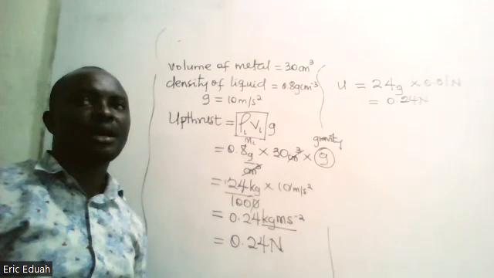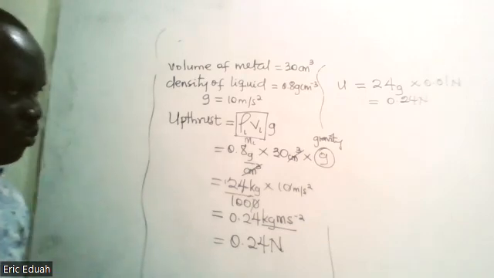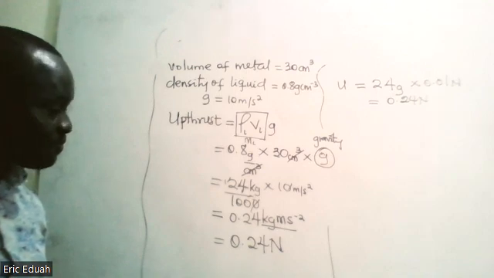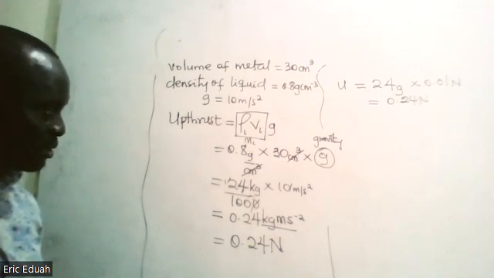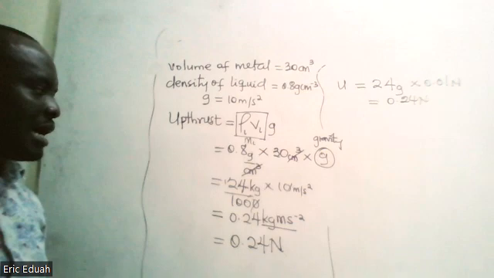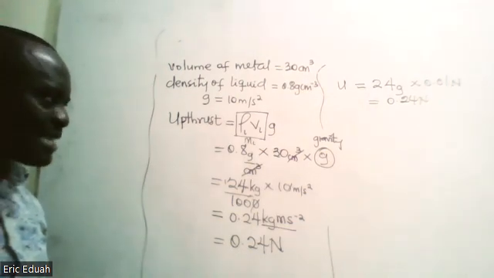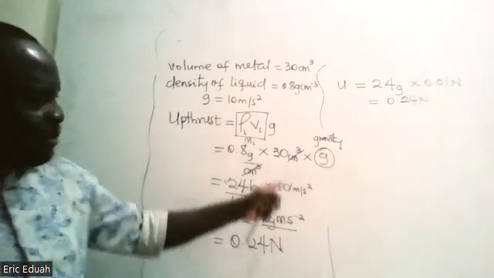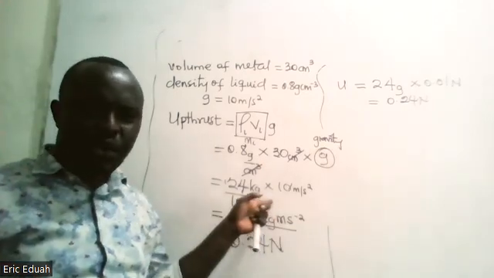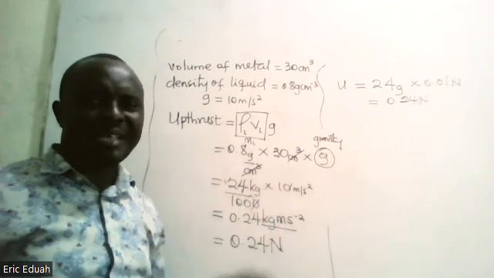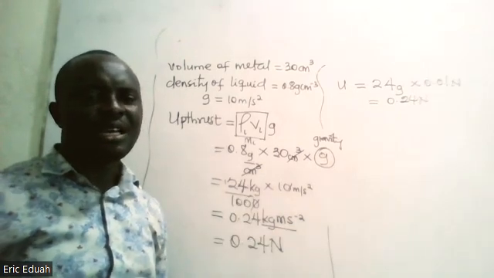Mr. Dia, please, you said we can't use the 10 meter per second squared. So are you supposed to convert it to centimeter per second? Akosia, I didn't say that. What I'm saying is that if the mass is in gram, you cannot multiply the mass in gram by 10 meters per second squared directly.